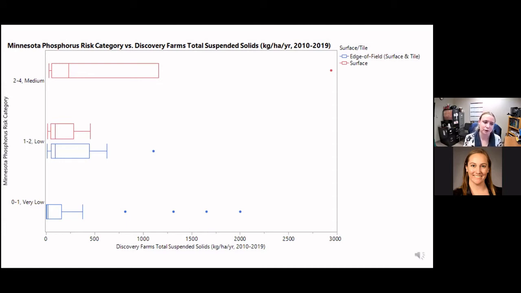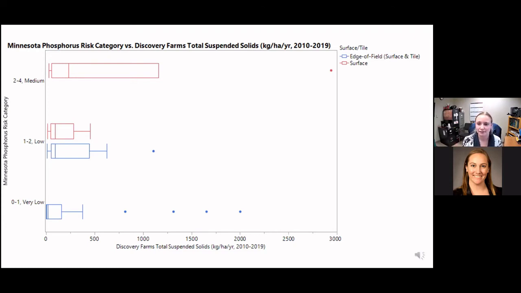So very low steps up generally to low, and then low steps up to medium. Although we do have a few of these dots that show outliers in the data, it's not as striking of a misprediction as we saw with the previous figure. So with these main box and whisker plots, we see that general movement from low to high.